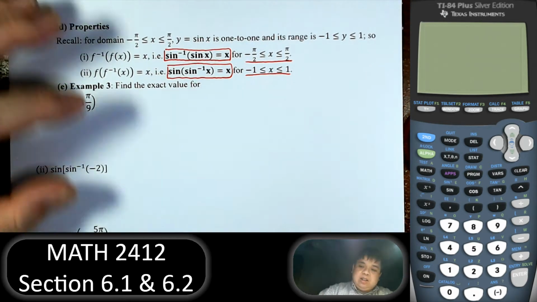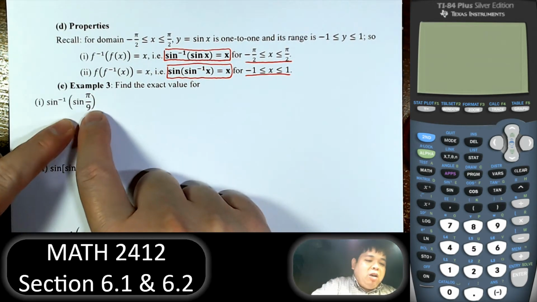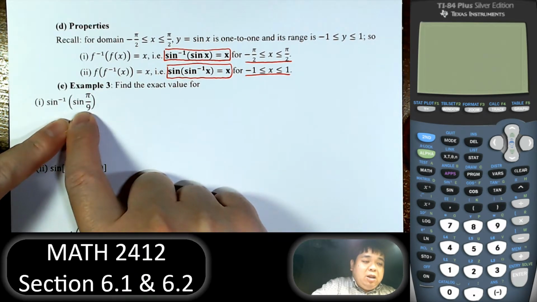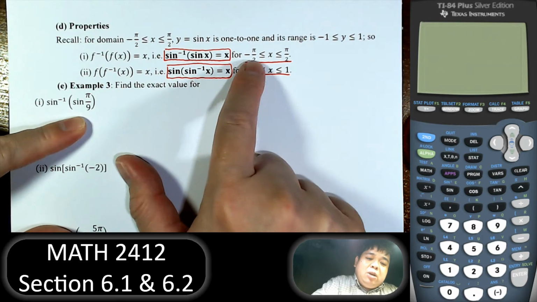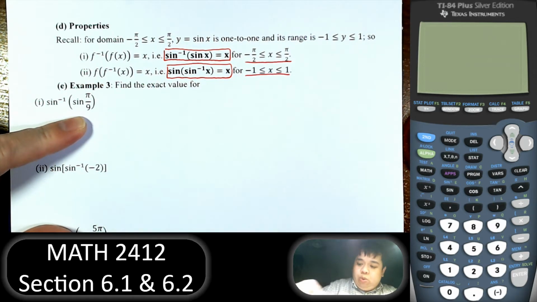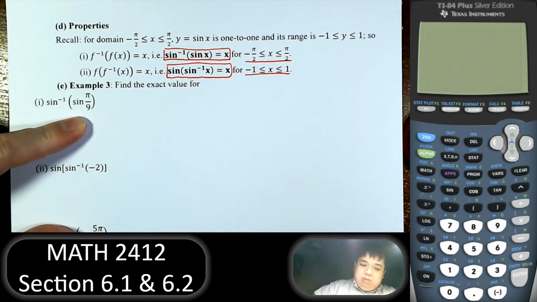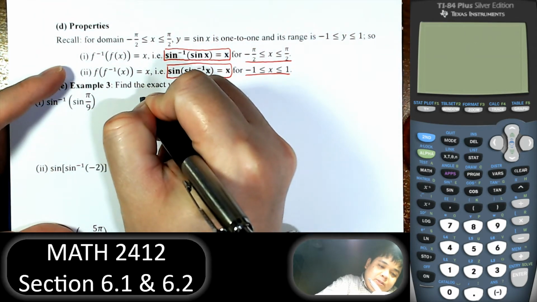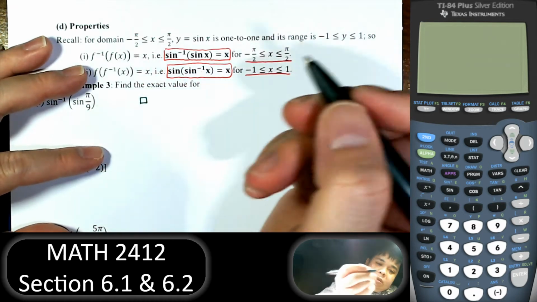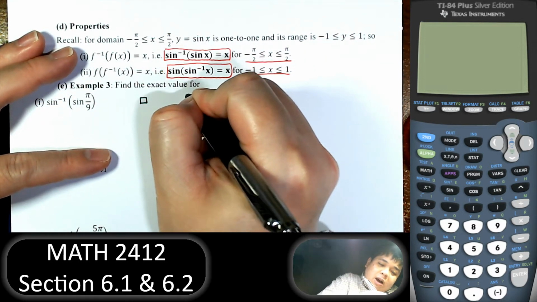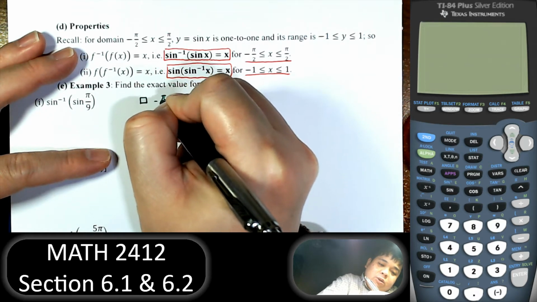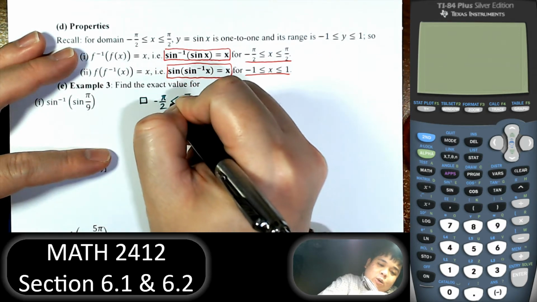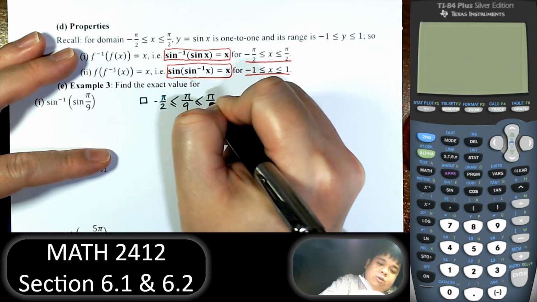Right, let's look at this. Sine of sine inverse of pi/9 and sine inverse of sine of pi/9. So we look at the first one. Is pi/9 between negative pi/2 and pi/2? So in that case, I just need to ask this question. Is pi/9 between negative pi/2, could be equal to, and pi/2?